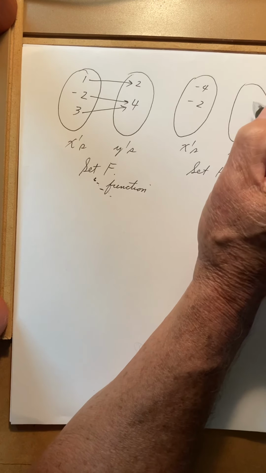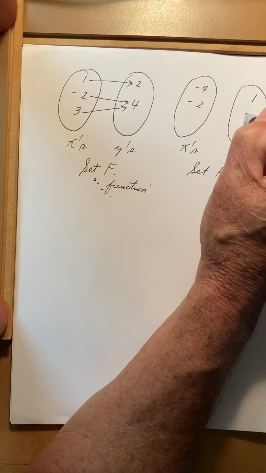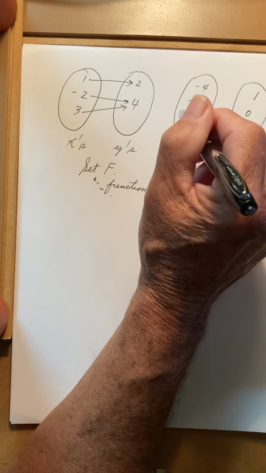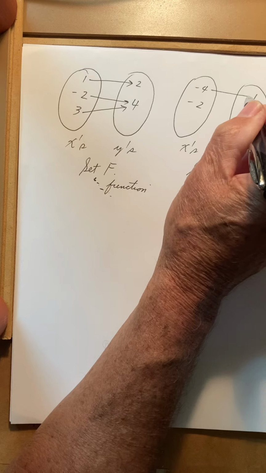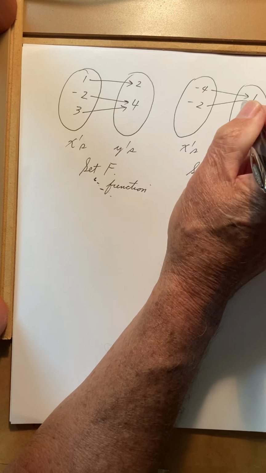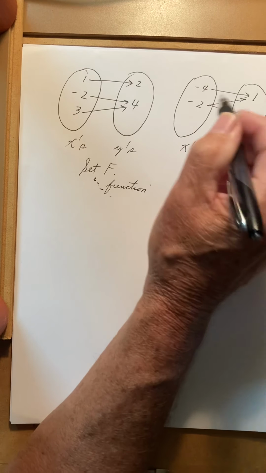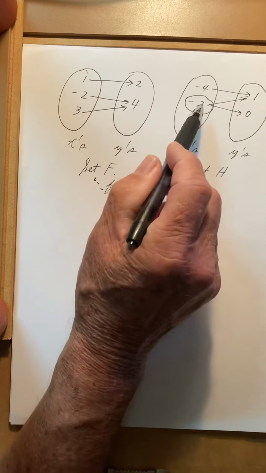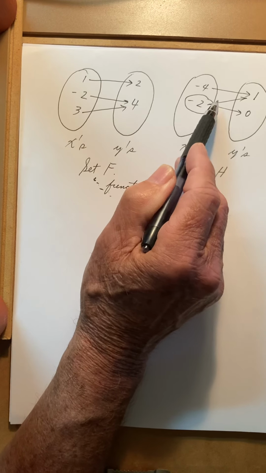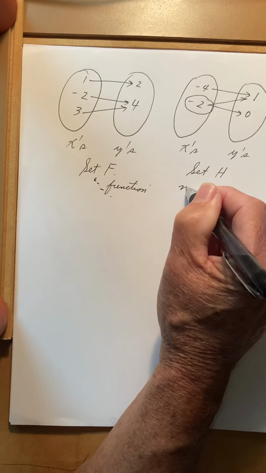Then we have a 1, another 1, which we don't have to write, and a 0. So from -4, we go to a 1. From -2, we go to a 1. And from -2, we go to a 0. But you'll notice from the -2, we have two arrows. So that disqualifies it as a function. So this is not a function.